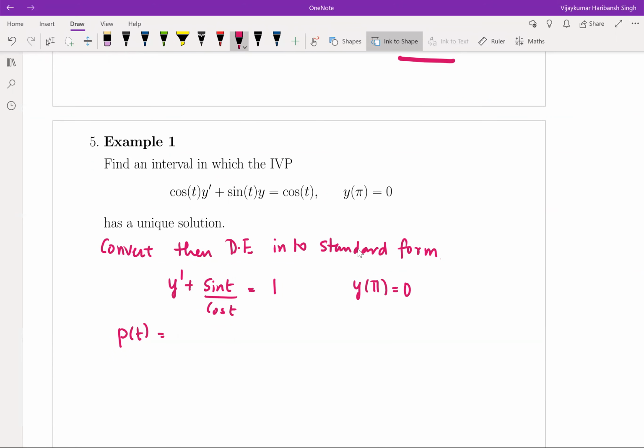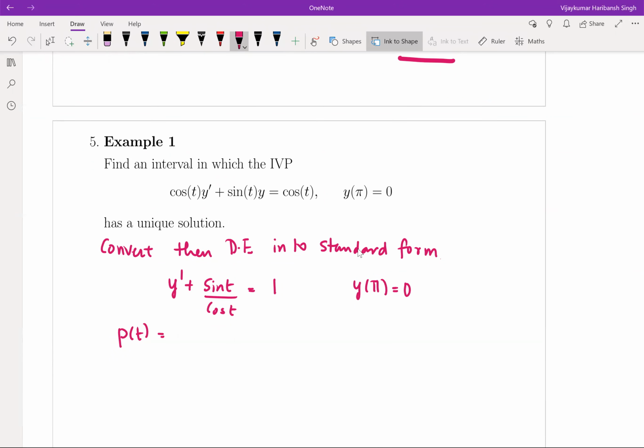That happens when the discontinuities are at t equals n pi plus pi by 2, right? Which is exactly the same thing written in a different format.